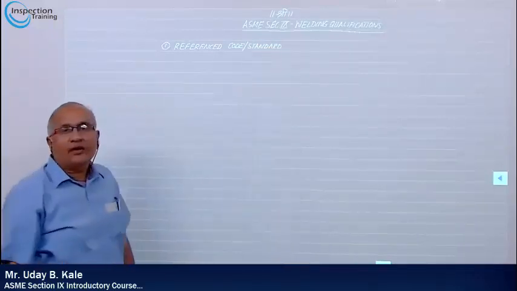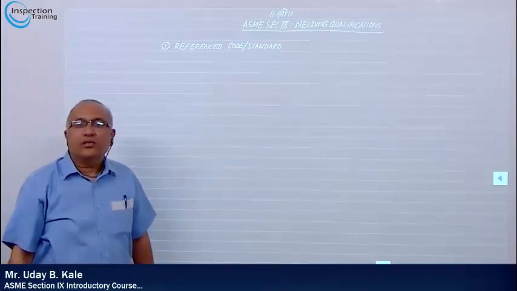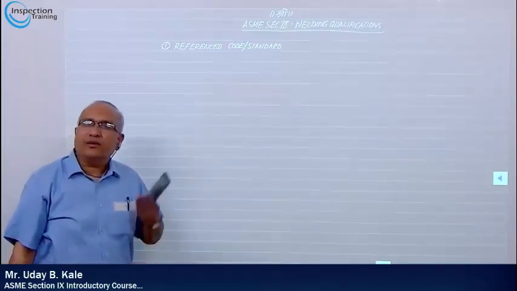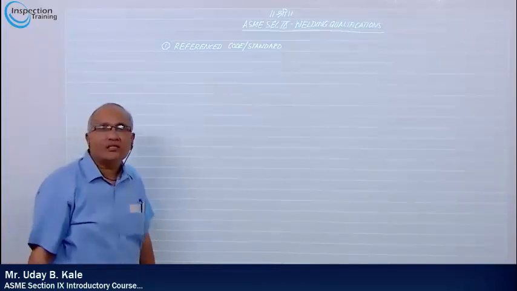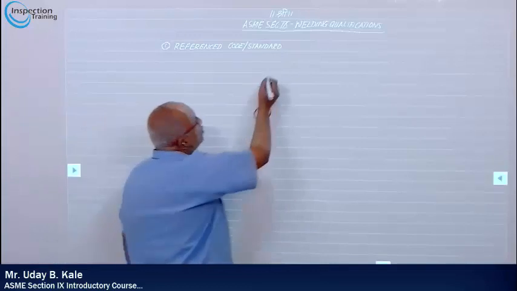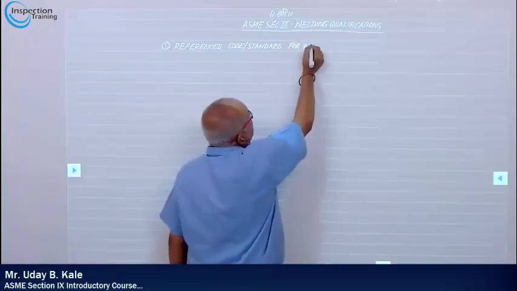Now it is a reference code or standard meant for welding, brazing or fusing, out of which we are going to see only welding qualifications. So I would write here: reference code and standard for welding qualifications.